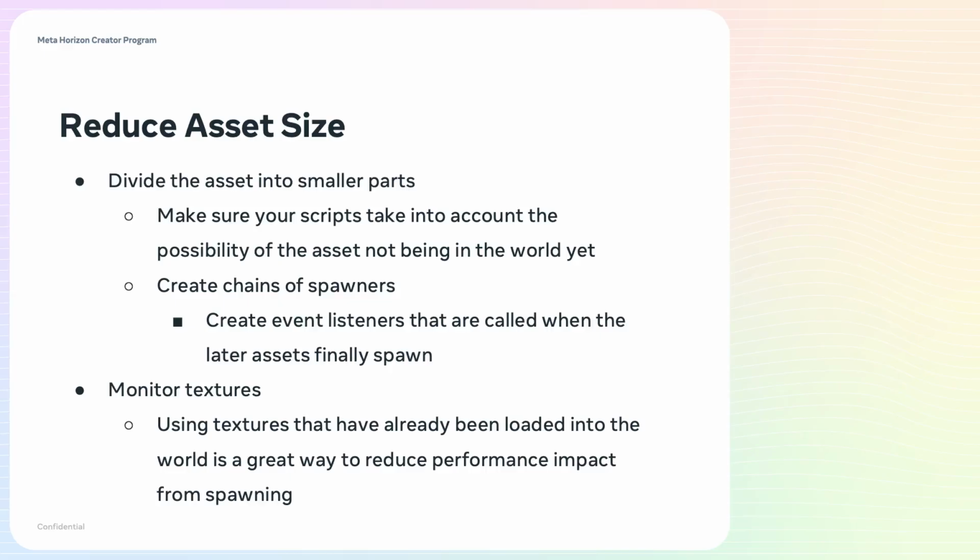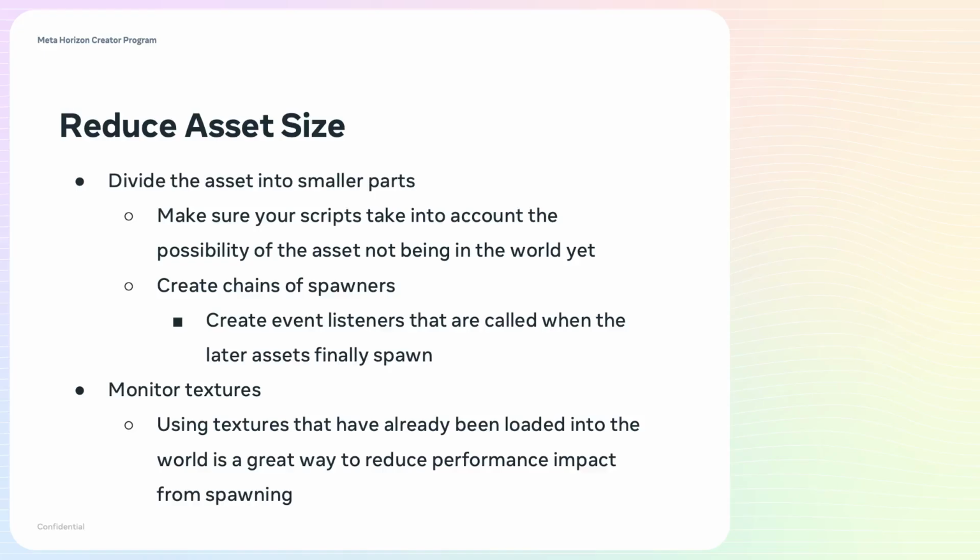There are several aspects that make the asset itself quite bloated, and therefore cause the performance issue. So dividing the asset into smaller parts is one of the best things you can do for your performance.